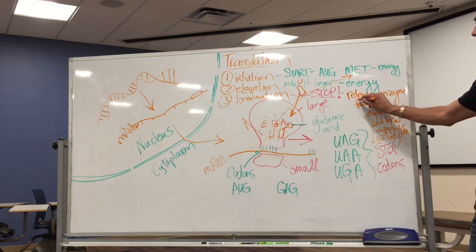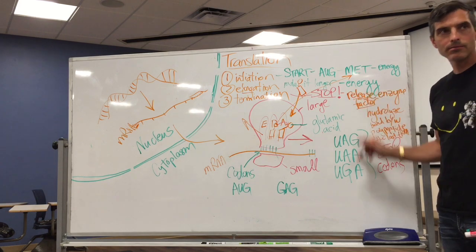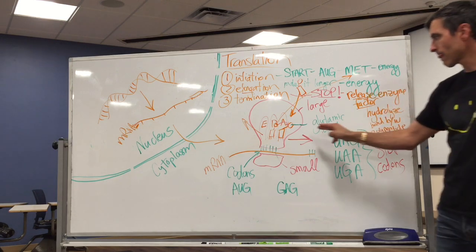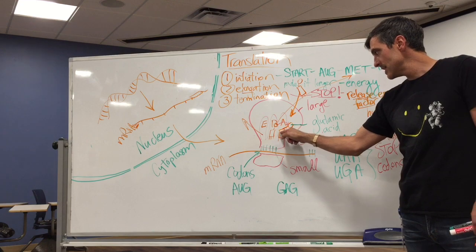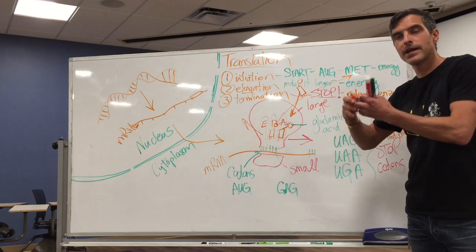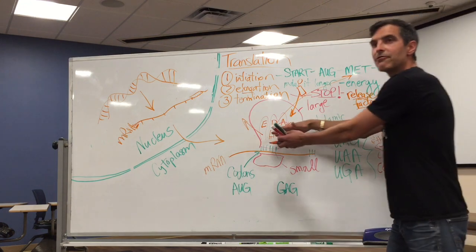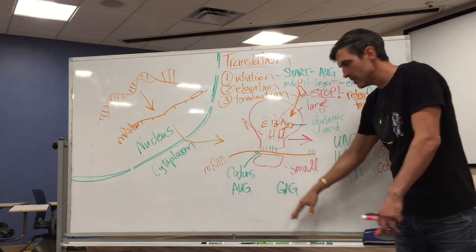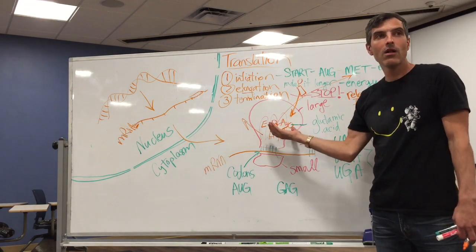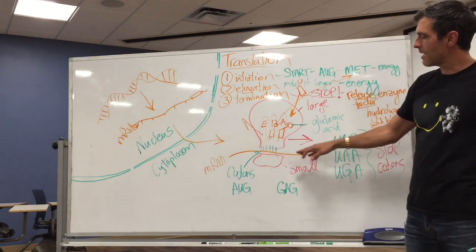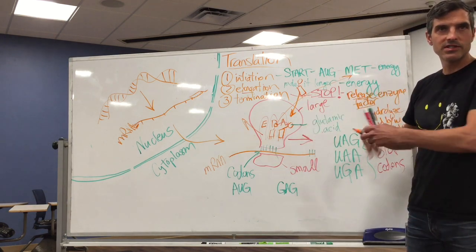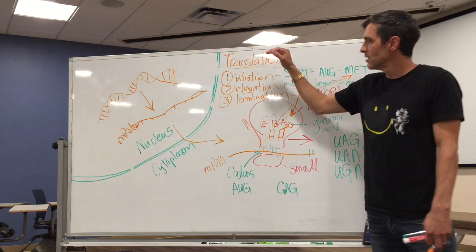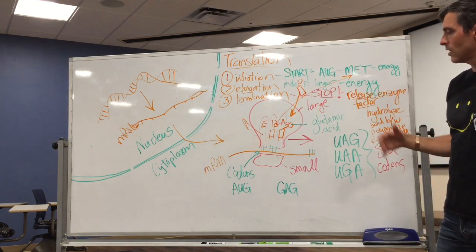Once that release factor comes in, it's like scissors. So it snips the bond from the tRNA to the polypeptide, breaks it apart, and that signals for everything to disassemble. The large subunit falls away, the small subunit falls away. You're going to recycle your ribosome. Your mRNA is probably going to get recycled, and you are complete. You translated your message into a polypeptide.